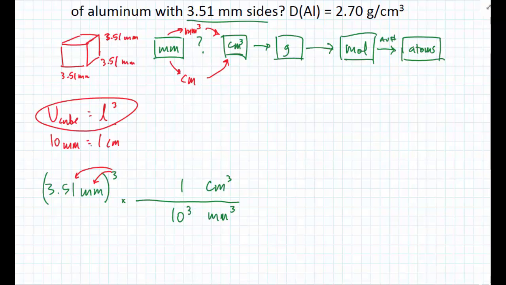When we take a linear conversion, just a length conversion like this, to one that has units raised to a power, the most common error I see is forgetting about that or using an incorrect power or something like that. So that would get us to centimeters cubed, which we could go to grams, then we could go to moles, then we could go to atoms.